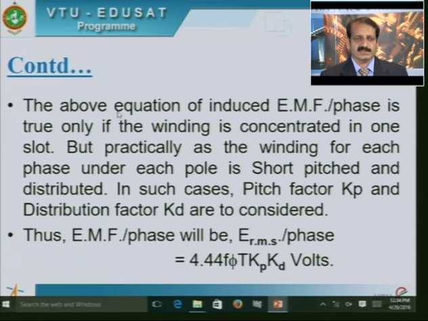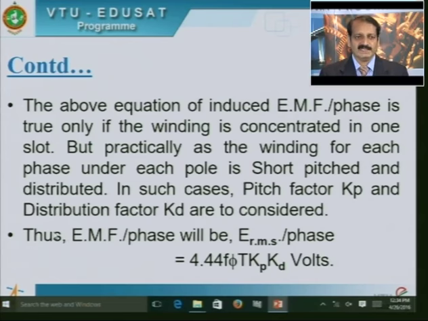This equation, what is discussed earlier, is valid only if the winding is concentrated in one slot and full pitched, but practically windings are short pitched and distributed. In all such cases, pitch factor Kp and distribution factor Kd have to be considered.